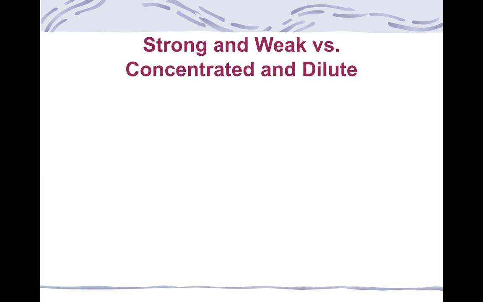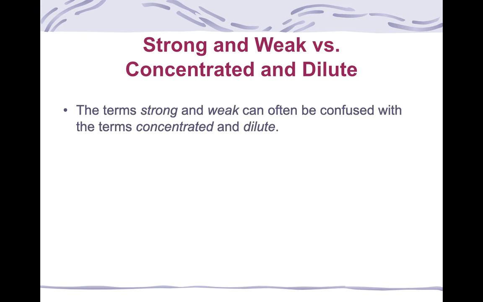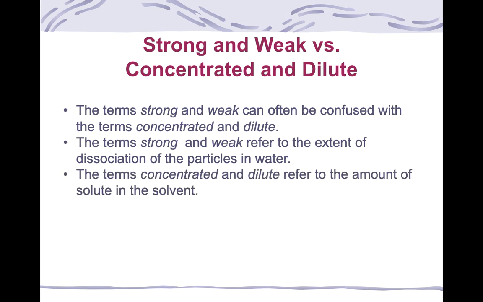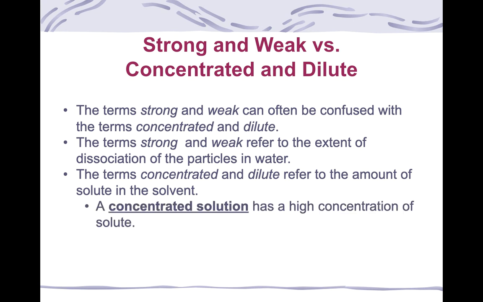The last idea is concentrated and dilute, and these are often confused with strong and weak. The terms strong and weak refer to the extent of dissociation of the particles in water, whereas the terms concentrated and dilute refer to the actual amount of solute in the solvent.